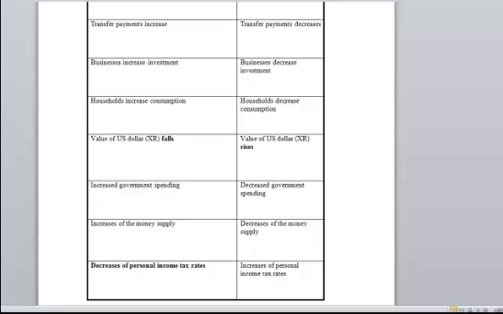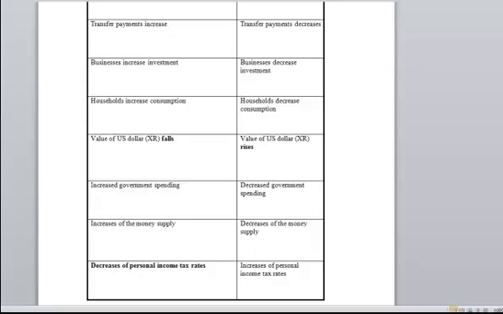So an increase in the money supply lowers interest rates and increases consumption and investment and shifts aggregate demand to the right. And then the last one that's mentioned is decreases in personal income tax rates. Well, if income tax rates go down, then people will have more disposable income. Having more disposable income, consumption will rise.